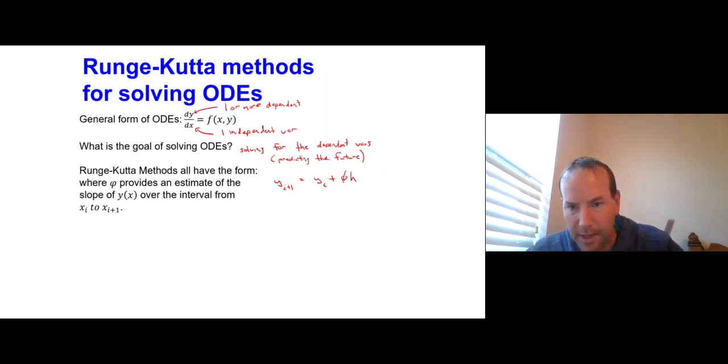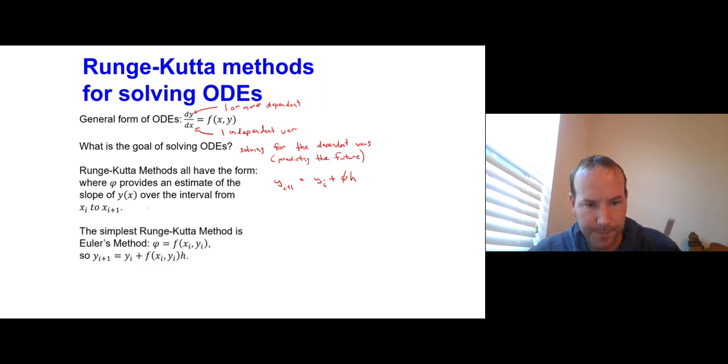Basically, what this is saying is that you use the current state to predict what will happen in the future, given phi, which I will show you has information from the equations. So phi provides an estimate of the slope of y over the interval from x_i to x_{i+1}.